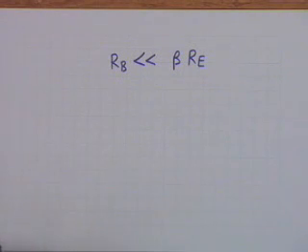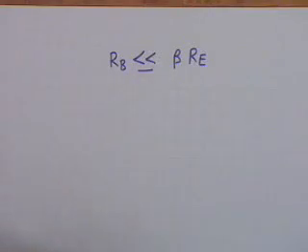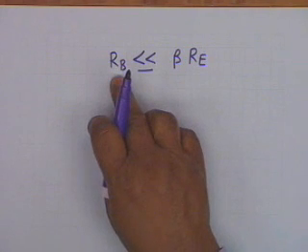Which beta should you take? The nominal or the worst case, the worst minimum case or worst maximum case? Minimum, all right, because you are taking much less than, and therefore Rb must be much less than beta min Re.